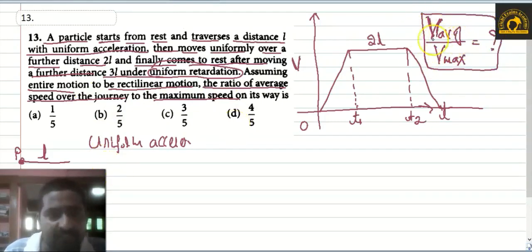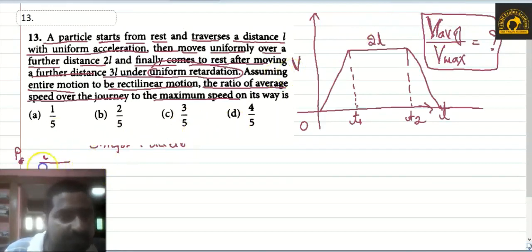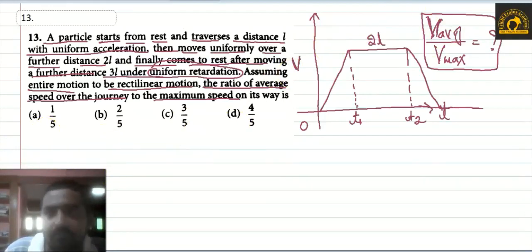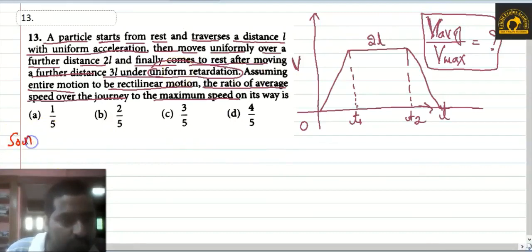V average is equal to, we know that formula, total distance divided by total time. So total distance is how much?